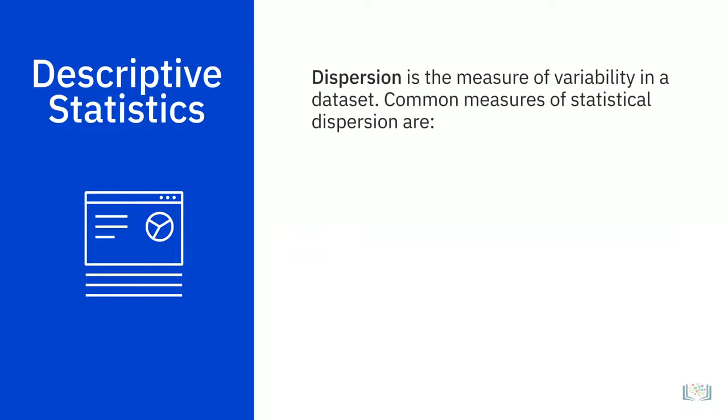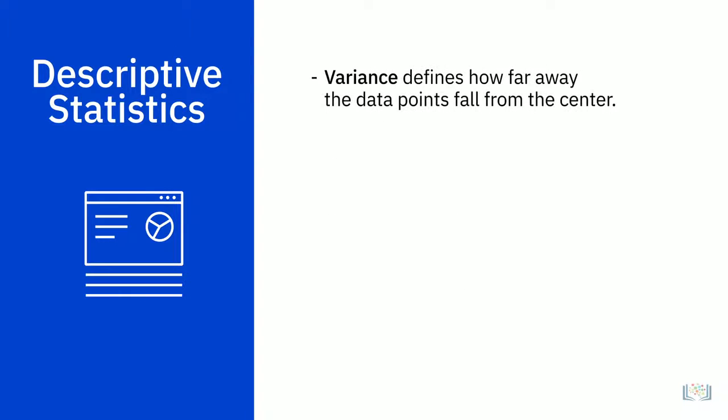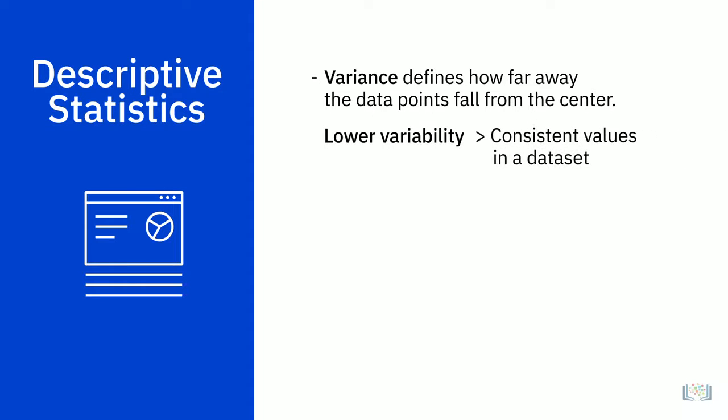Dispersion is the measure of variability in a dataset. Common measures of statistical dispersion are variance, standard deviation, and range. Variance defines how far away the data points fall from the center, that is, the distribution of values. When a distribution has lower variability, the values in a dataset are more consistent.